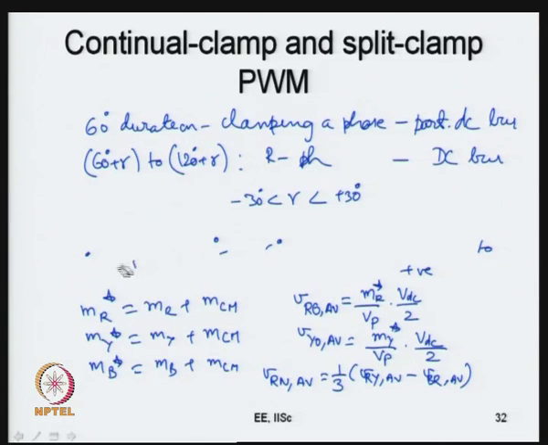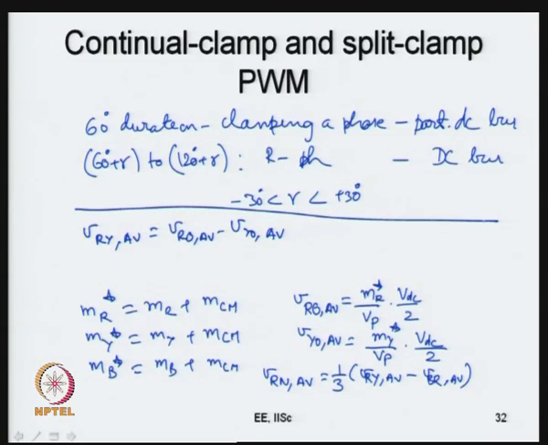Now, let us say, right. So, I will have my VRY average and VYB average. Let me write down the expression for VRY average here. What is VRY average? VRY average is going to be VRO average minus VYO average.